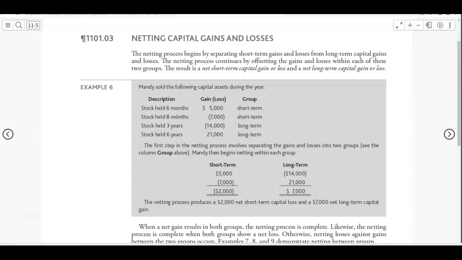The stock that was held 8 months, we got a loss, but that loss is also short term. But we have another stock that was held 3 years, and we have a loss. That's a long-term loss. And again, held for 6 years, that's more than a year. That's a capital gain, long-term.